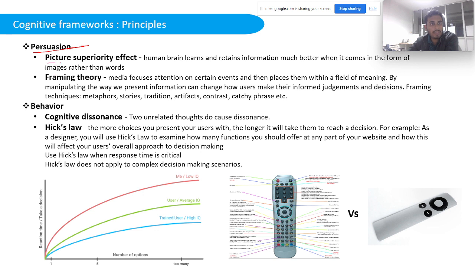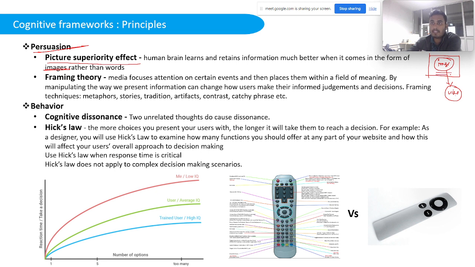One is the picture superiority effect, which defines that the human brain learns and retains information much better when it comes in the form of images rather than words. That means when you design an interface and want to provide information, it's better to present it in a visual format rather than text, because visual information can be processed directly by your independent visual processing system.